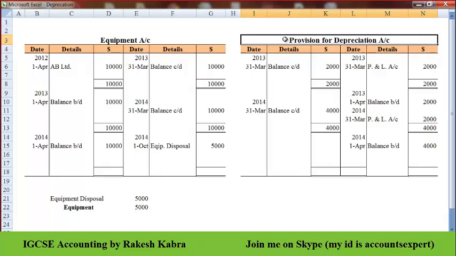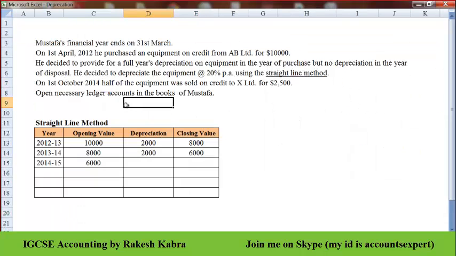Half part, only half part. Half of the equipment. There is no number of years in the question. You read the question.